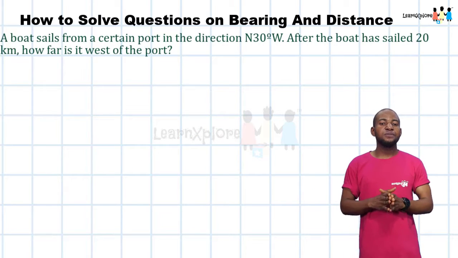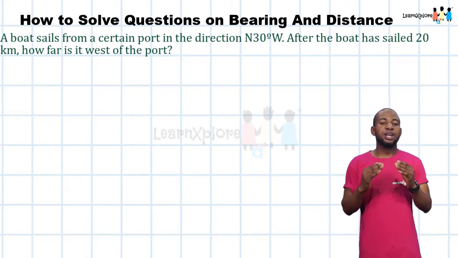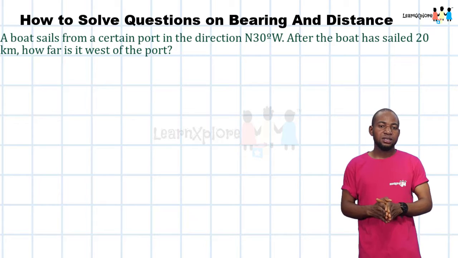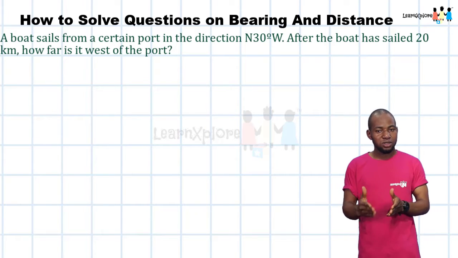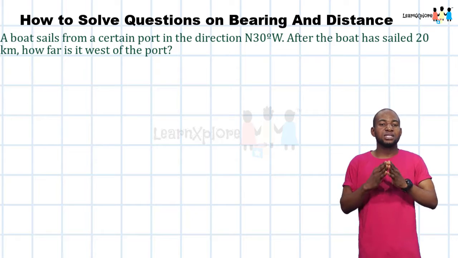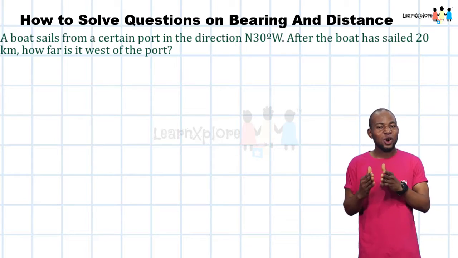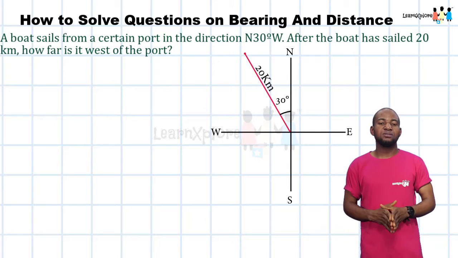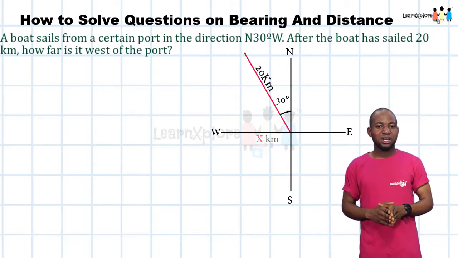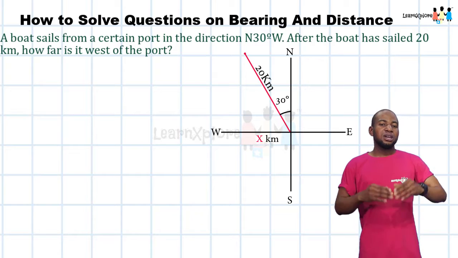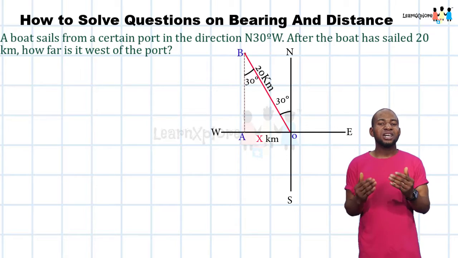A boat sails from a certain port in the direction 30 degrees north to west. After the boat has sailed 20 kilometers, how far is it west of the port? Solution: let the distance be x kilometers west of the port. Give this point an imaginary line to create an alternate angle.